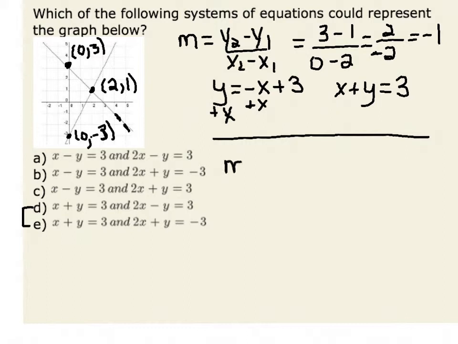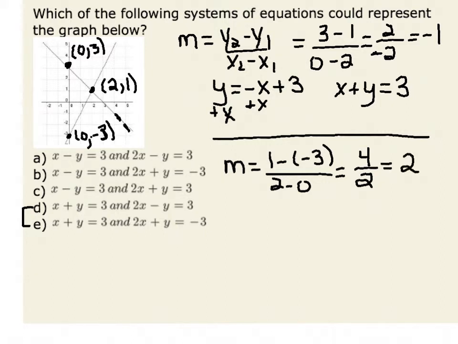To find the slope, we would again do the change in y over the change in x, which is 1 minus a negative 3, all divided by 2 minus 0. 1 minus a negative 3 is the same as 1 plus 3, or 4 over 2, which gives us a slope of 2. Again, we already know that b is equal to negative 3 because we have the y-intercept of 0, negative 3. Therefore, we have y is equal to 2x minus 3.